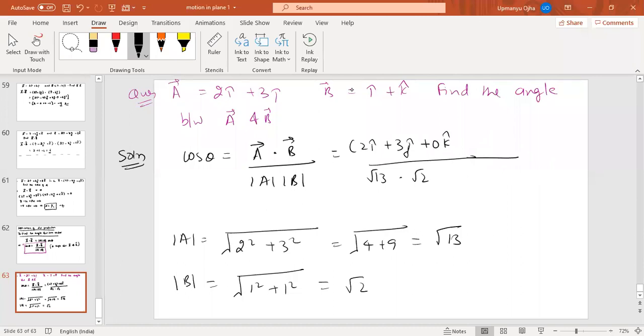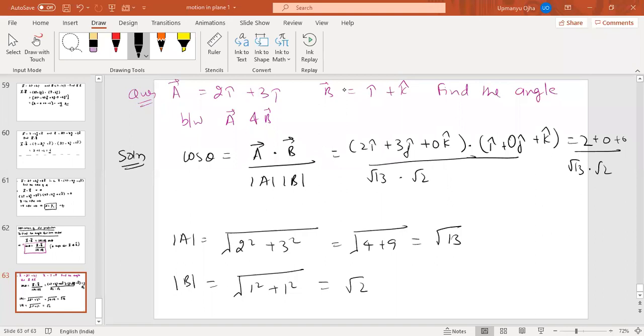Dot of I cap plus 0 j cap plus k cap is equal to what? Now I should be multiplied with I. So 2 into 1 is 2 plus 3 into 0 is 0 plus 0 into 1 is 0 divided by root 13 into root 2. Is this correct now?